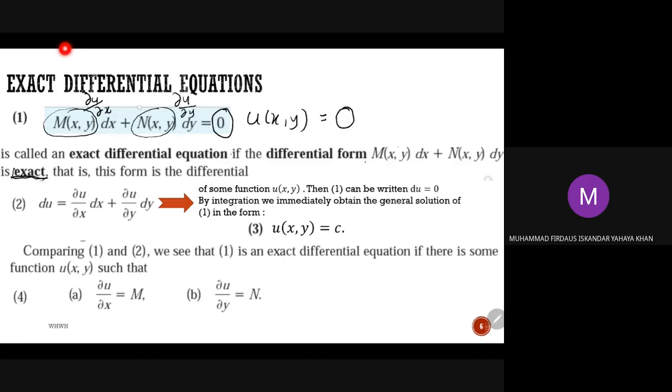Okay, so second point for today is macam mana kita nak identify that this differential form is exact. How we are going to identify this differential form is exact. This form is the differential.